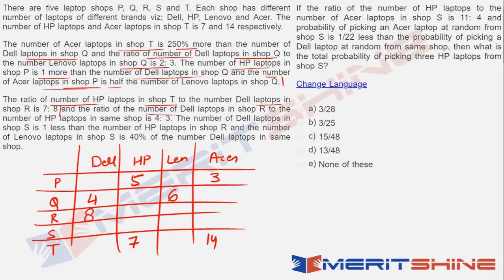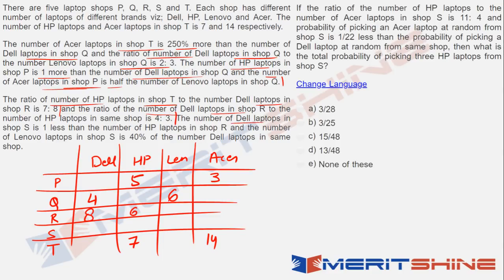And the ratio of number of Dell laptops in R to HP in R is 4:3. So this is R, Dell and HP in R is 4:3. So this 4 denotes 8 units here, you can see that. So this would become 6 units. So Dell and HP would be 4:3 in shop R. This is also done. Move forward.